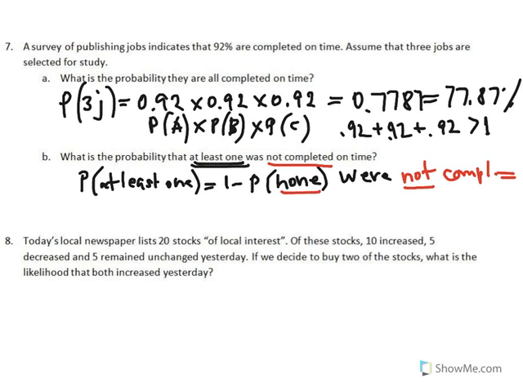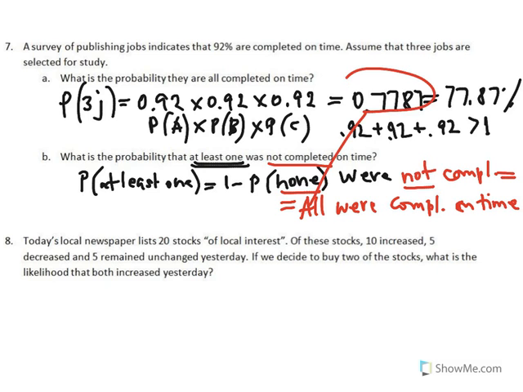That means that is equal to all were completed on time. A double negative, none were not completed on time, is equal to all were completed on time. The probability that they are all completed on time is 0.7787.